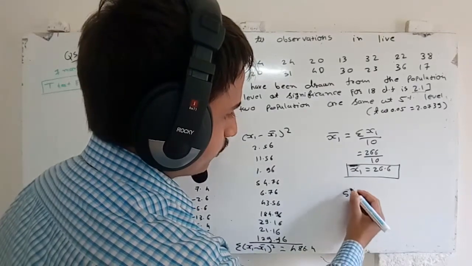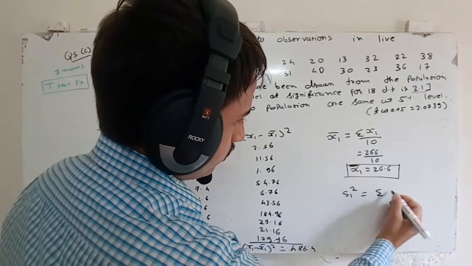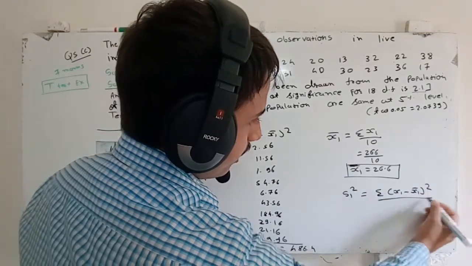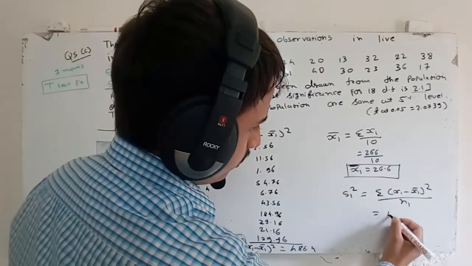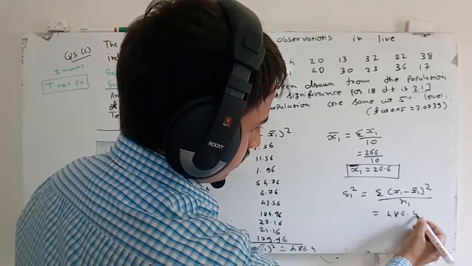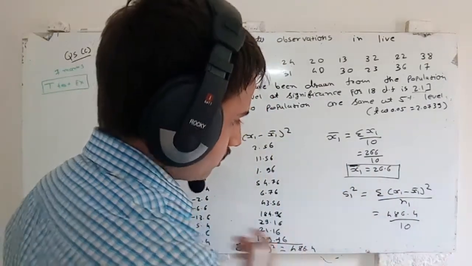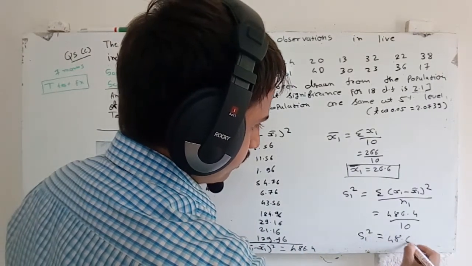So S1 square, the variance of sample 1, is equal to sigma x1 minus x1 bar whole square divided by n1, this is the standard formula. So 486.4 divided by n1, which is 10, total 10 datas. So you will get S1 square equal to 48.64.